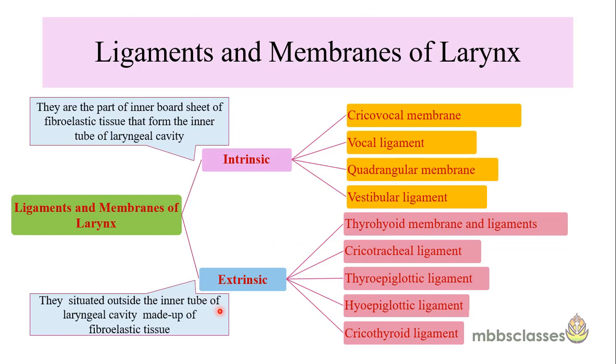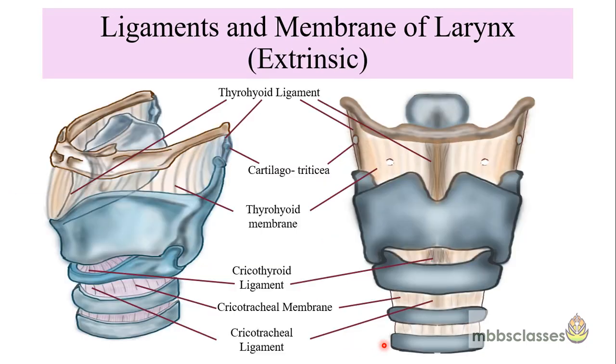And in the extrinsic group, the membranes and ligaments are the thyroid membrane and ligaments, cricotracheal ligament, thyroepiglottic ligament, hyoepiglottic ligament, and cricothyroid ligament. So if you see the extrinsic ligaments and membranes of the larynx, we can see them from this image. The first is the thyroid membrane.